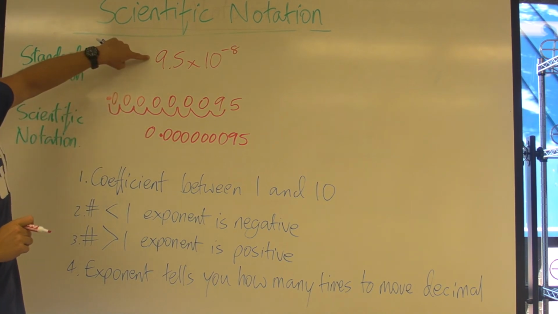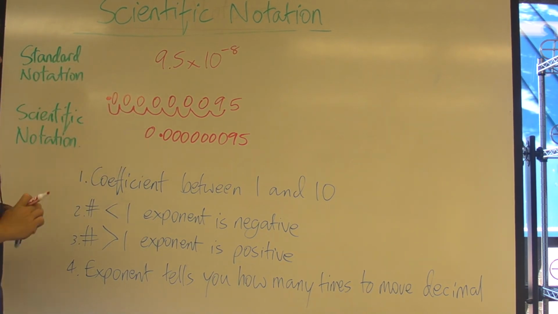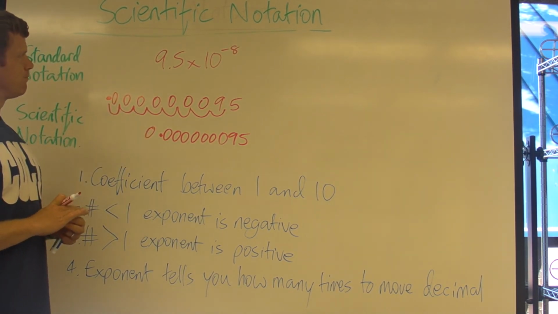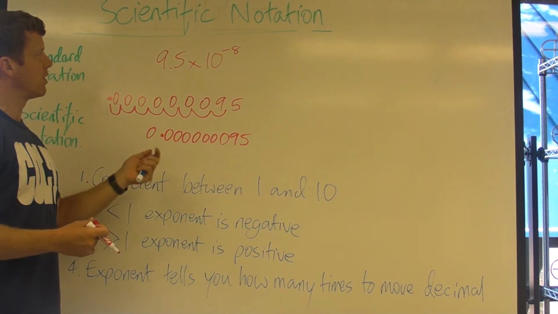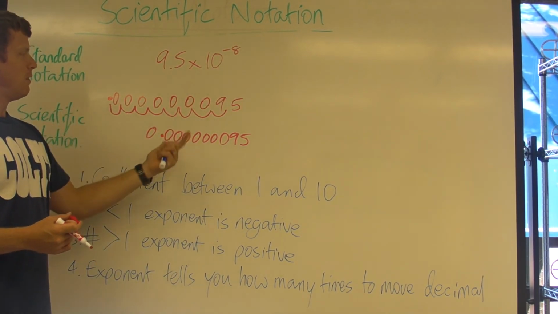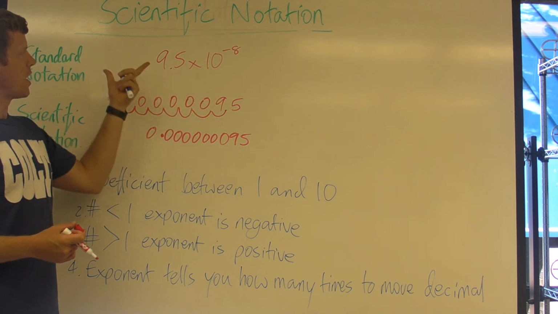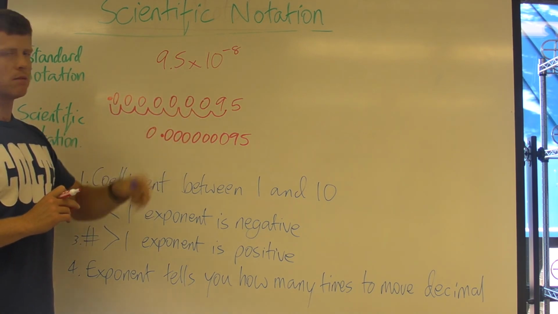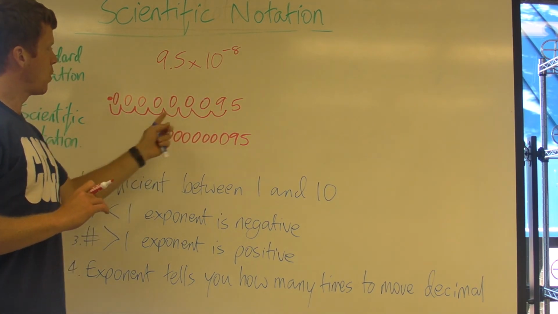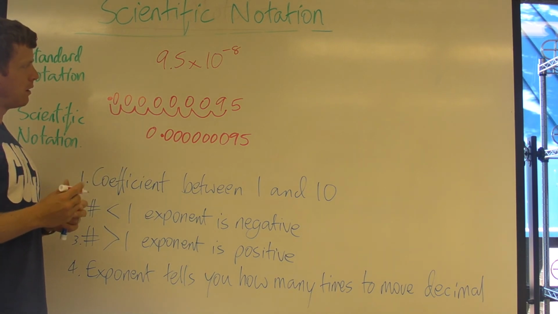So from scientific notation into standard, this is one way to do it. If you've got a different way to do it, that's perfectly fine. If you look at that and go, well, I'm going to have 7 zeros in front of that 9 and get rid of that decimal, either way. If this way works for you, great.